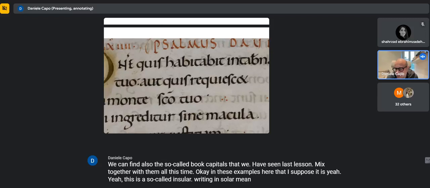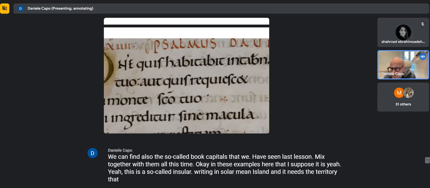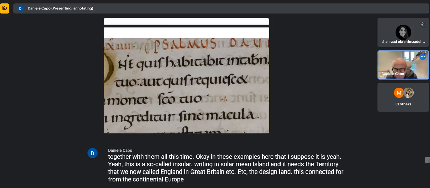Insular means island, and it means the territory that we now call England, Great Britain, etc., that is an island disconnected from the continental Europe.